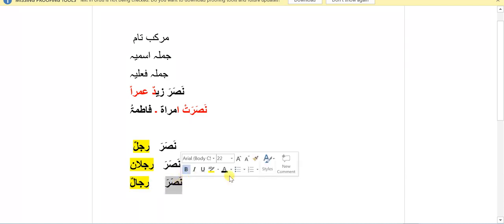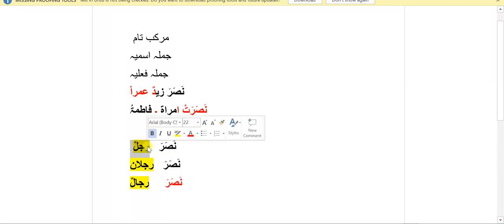So the rule is that whenever the fa'il comes just after the fail, the fail will always be wahid, even if the fa'il is tasniya or jama.